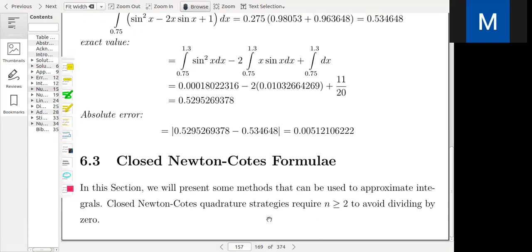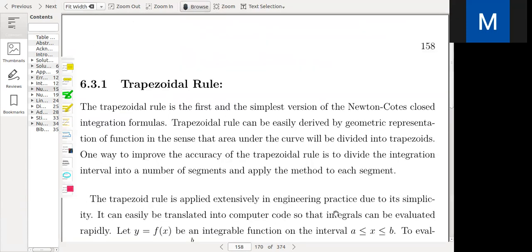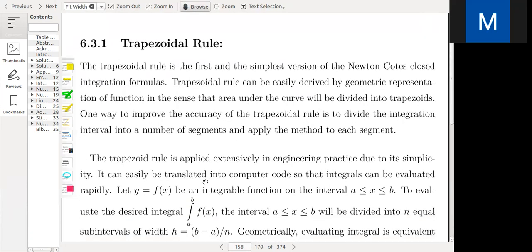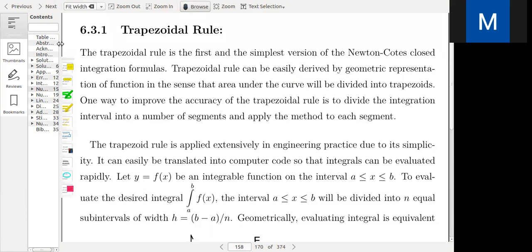Here we can also make a difference between open and closed Newton-Cotes formulae: in closed Newton-Cotes formulae, the number of trapezia must be equal to 2 or greater than 2. So the first closed Newton-Cotes formula is the trapezoidal rule.